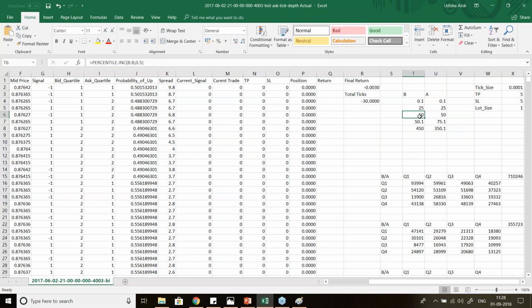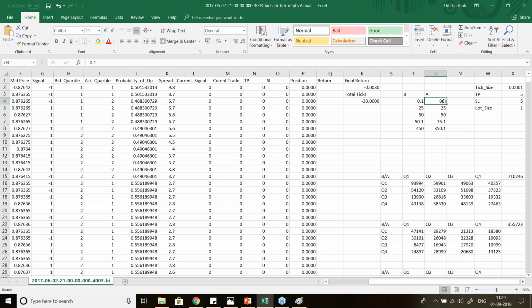We have many 50 bid volumes, and less as we go higher. You can say that the distribution is very scarce as we go higher. That is from 50.1 to 450, we have around 25% of the data distributed there.